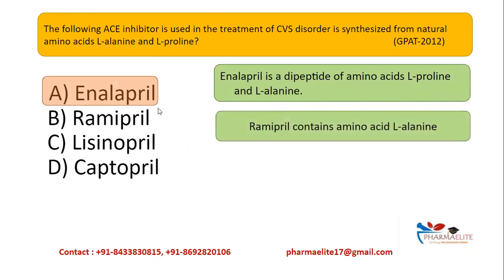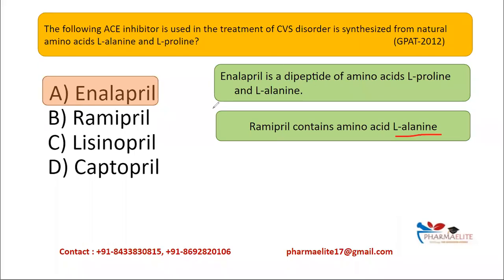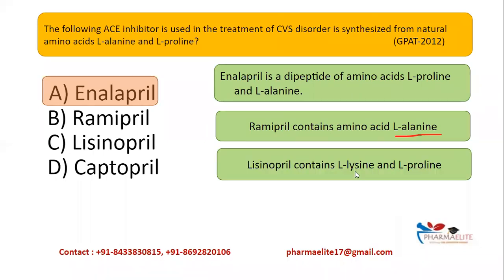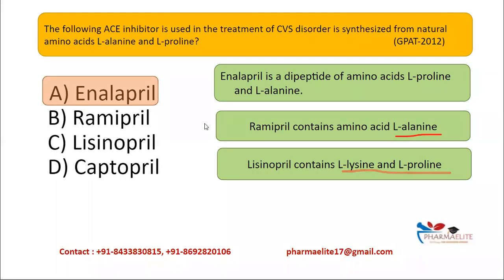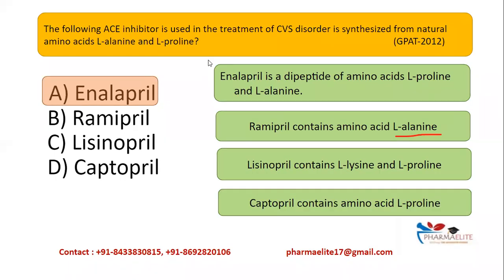Now you need to remember about these other ACE inhibitors also. Ramipril is the drug that contains amino acid L-alanine. It contains only alanine. Proline is not present here. Then in lisinopril, it contains L-lysine and L-proline. I'll underline this, L-lysine and L-proline. And finally, we have captopril that contains only proline.